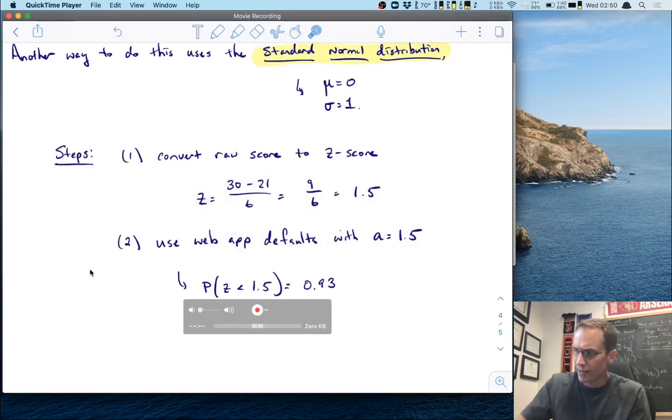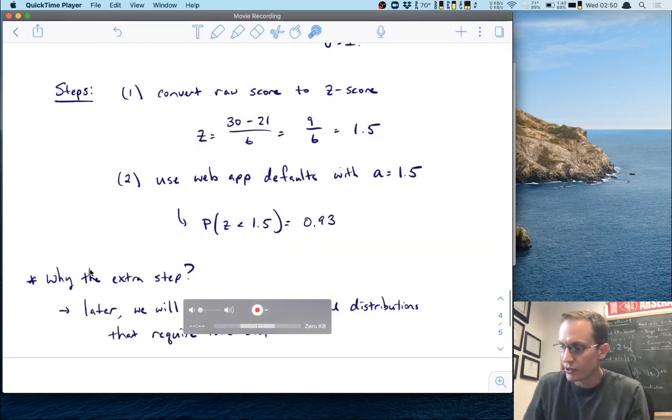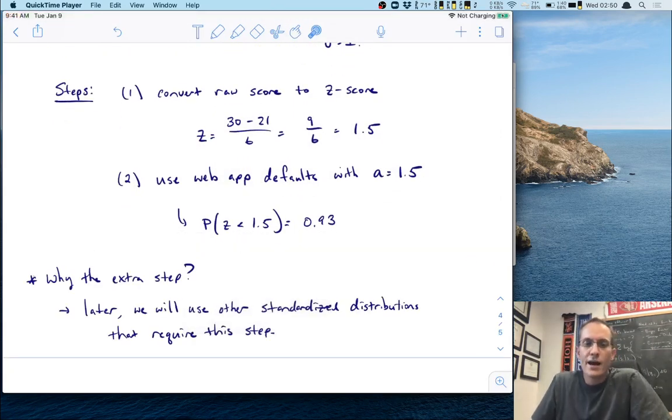So let's wrap up real quick. Why would you even consider doing this? Well, I'll just mention for now that later we're going to be using other standardized distributions. So did you see that T and that F up there? That's a hint. We're going to be getting there. We're going to use some other standardized distributions that will require this step. We will have to compute something like a z-score for those.